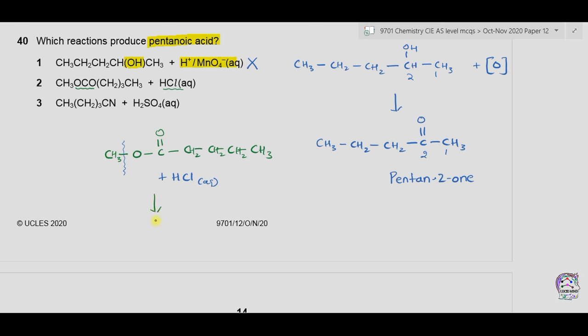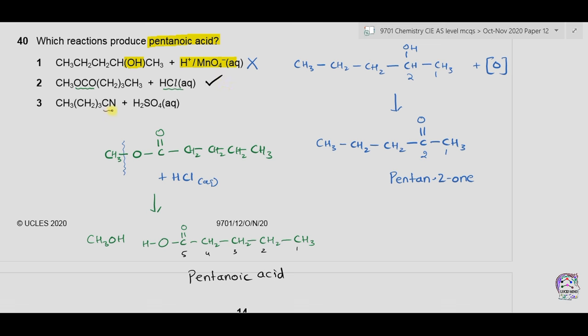The product would be CH3OH, alcohol, methanol, along with this carboxylic acid. As we have 5 carbon atoms present in this carboxylic acid, so the name is pentanoic acid. So option 2 is correct.